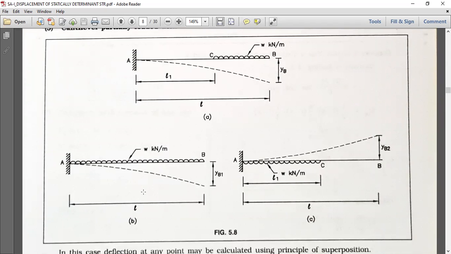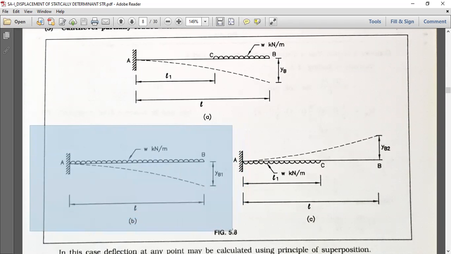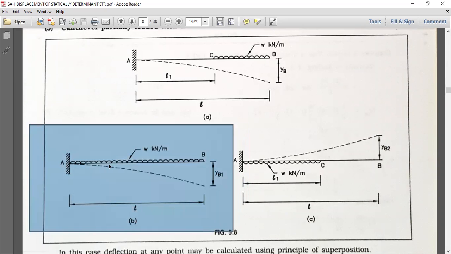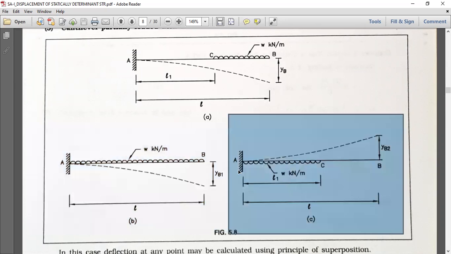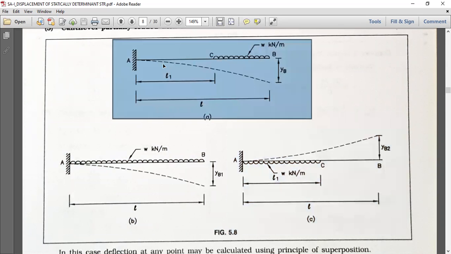In this case, we have solved both types of example. First, a cantilever beam with total UDL applicable, and another one, a cantilever beam where half of the UDL is applicable. We have to find this kind of equation.